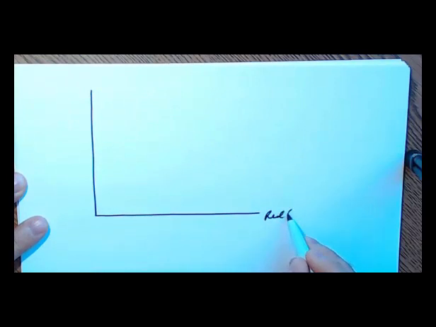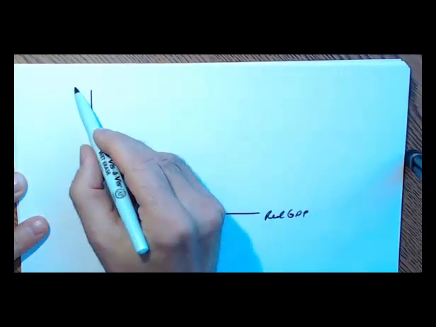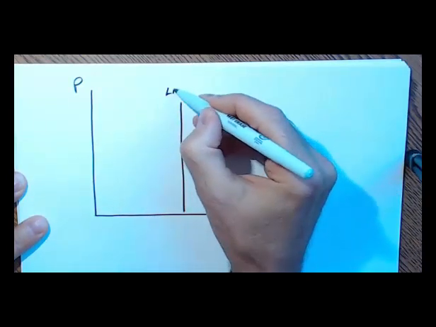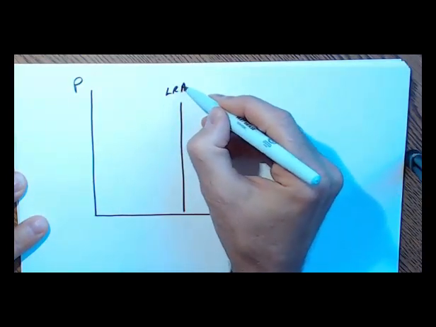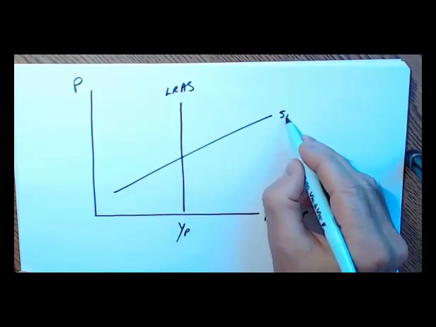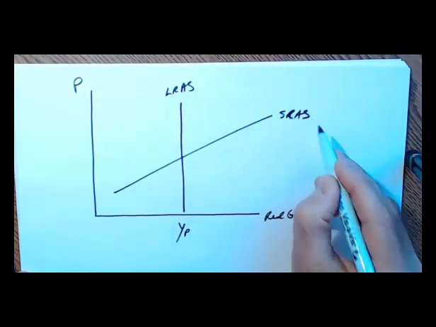Here's real GDP. Here is the aggregate price level. Here is our long-run aggregate supply curve. Call it YP, potential output, sometimes called Y star, so don't get P mixed up with plan, investment, or anything. It's not that. And here we have our short-run aggregate supply curve.